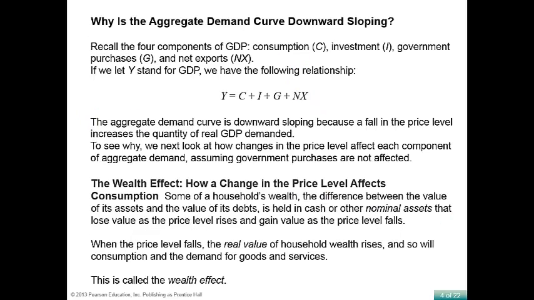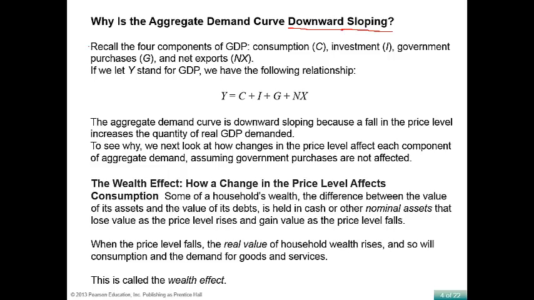Now, we learned in Chapter 3 that the law of demand stated that as the price of a product decreases, the quantity demanded of that product will increase. That accounts for our negative or downward sloping demand curve because of that inverse relationship.